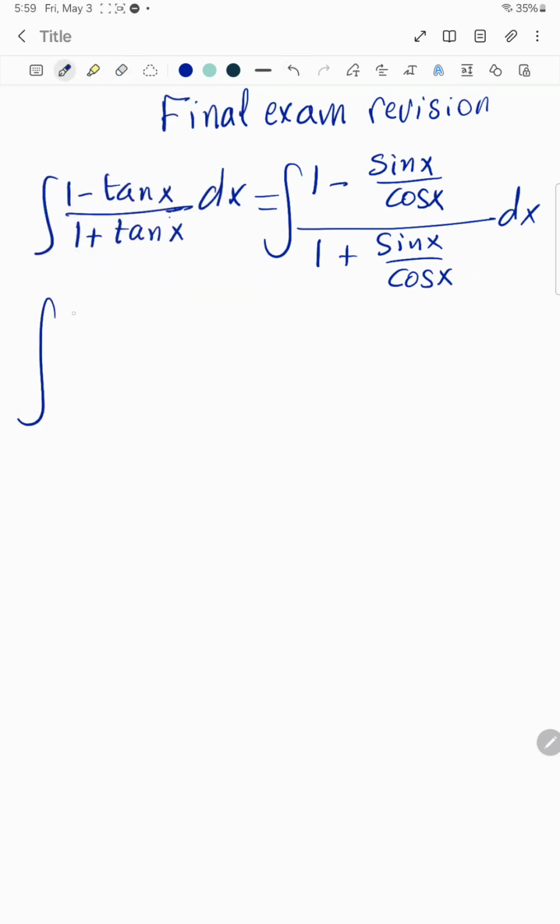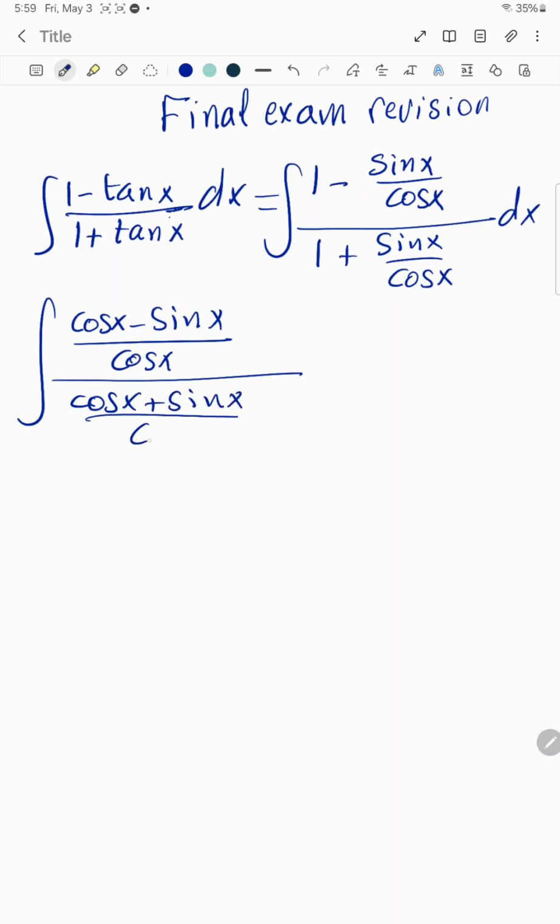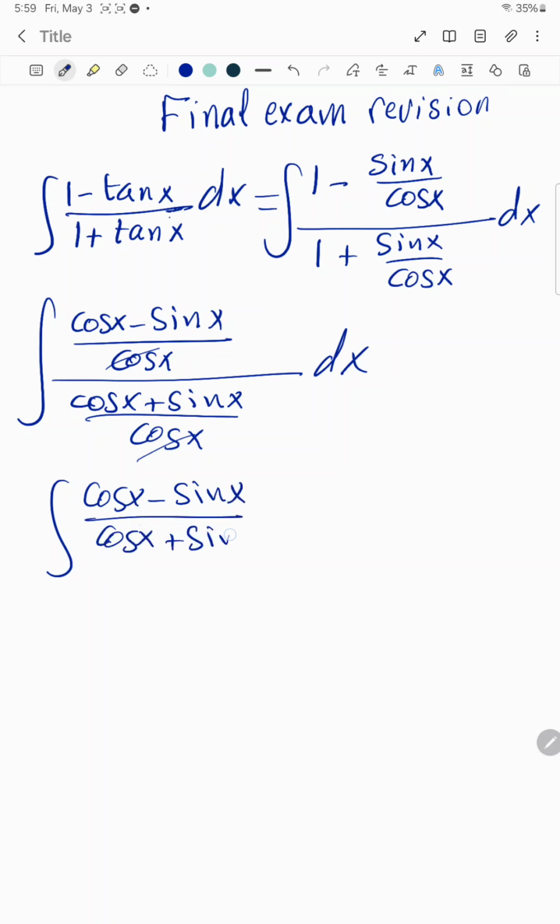So I will have (cosine x minus sine x) divided by cosine x, divided by (cosine x plus sine x) divided by cosine x, and I have dx here. And here I can see I can simplify cosine x. So my integral will become the integral of (cosine x minus sine x) divided by (cosine x plus sine x) dx.